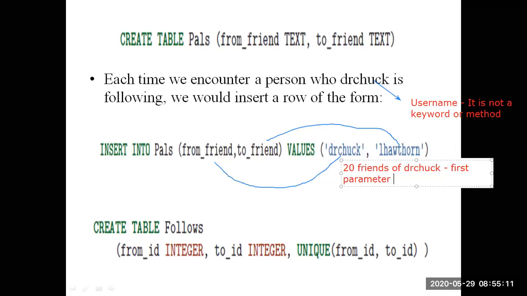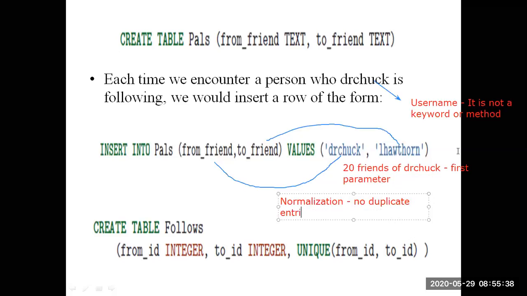As I told you, we should avoid duplication, like in database normalization. Database normalization tells us that this violates the rules. We should make sure that there are no duplicate entries in my table.